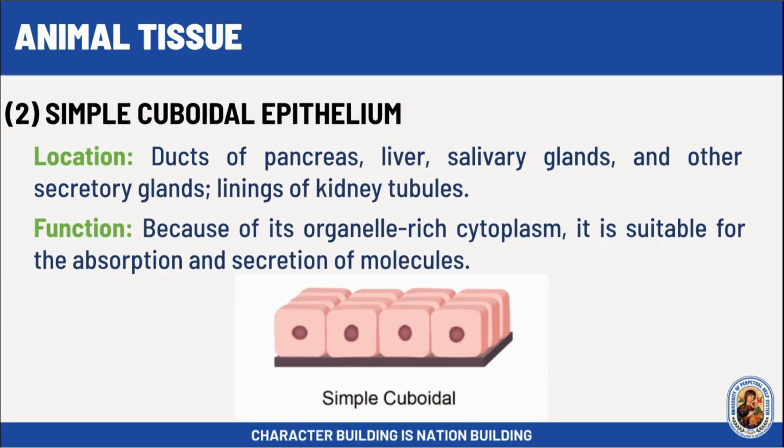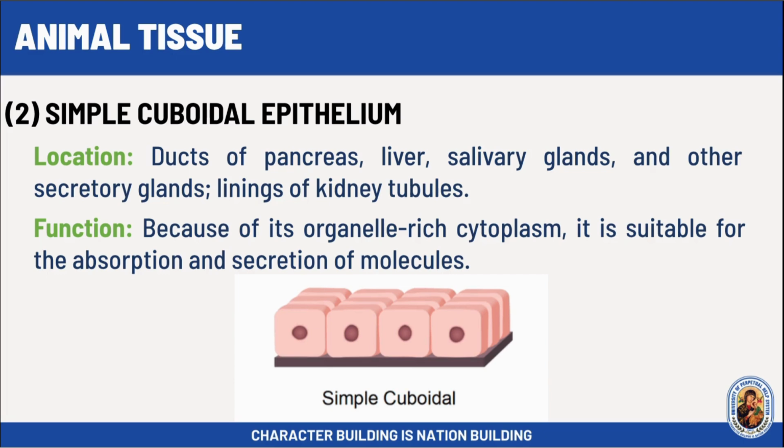Next up, we have the simple cuboidal epithelium. This type of epithelium is present in organs that secrete substances. An example of this are the liver, the salivary glands, and the pancreas. Its main function is suitable for absorption and secretion of molecules because of its rich organelles.